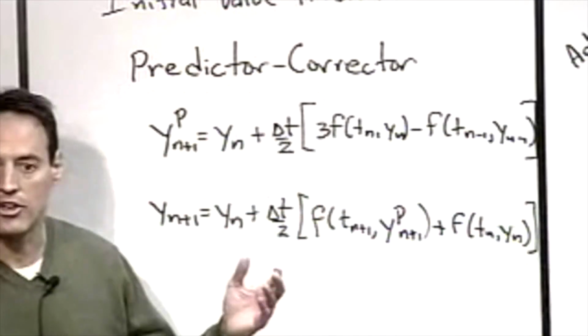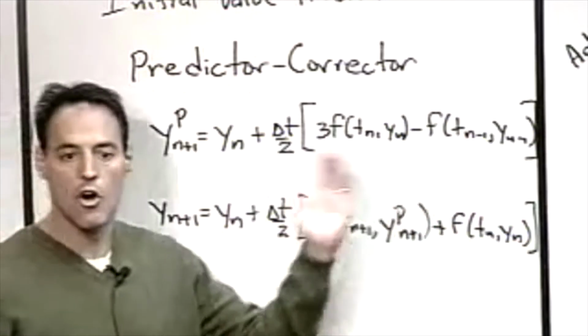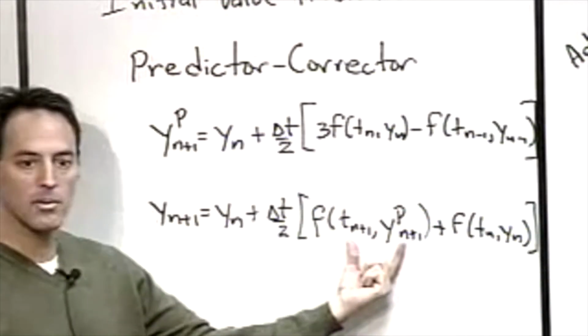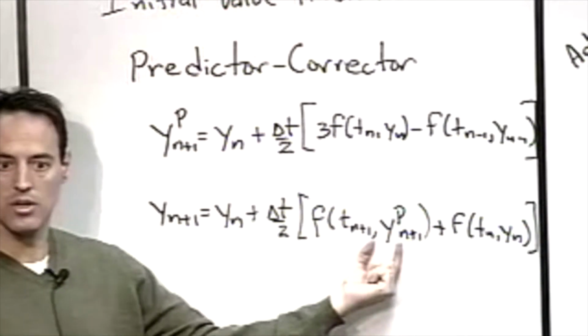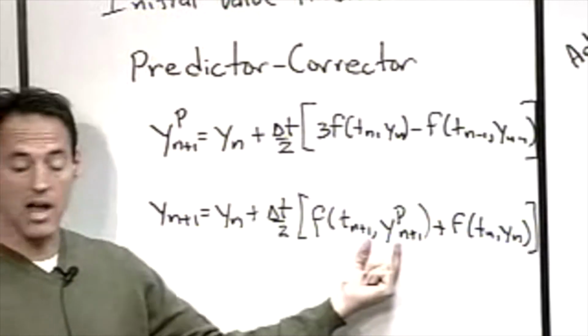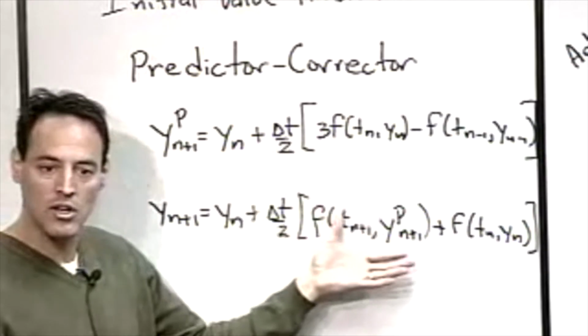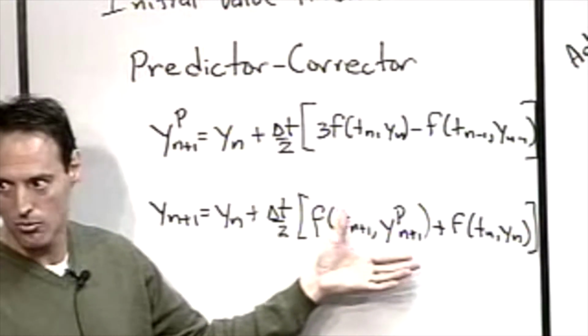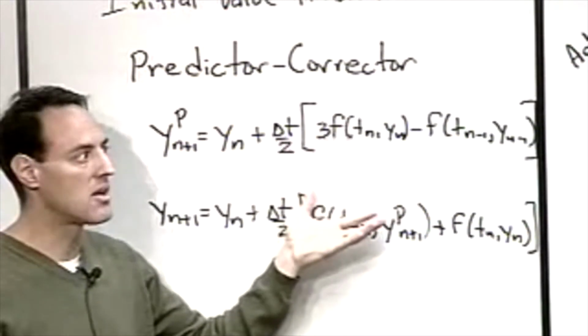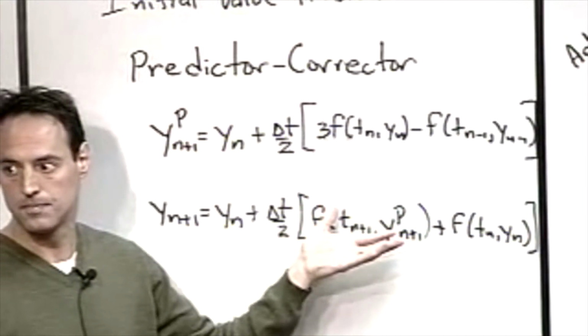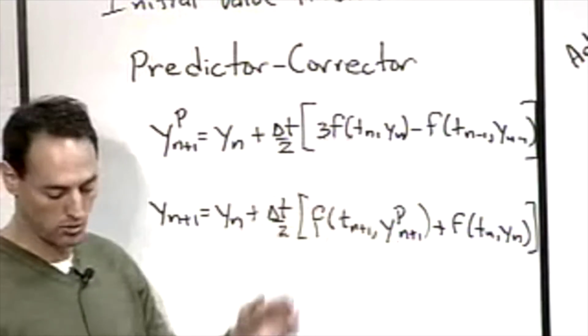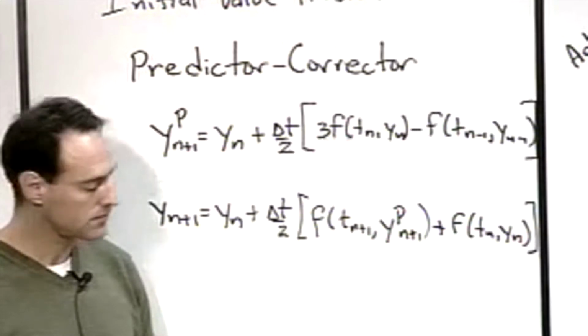So instead of solving a system of equations, I've overcome the problem, because before I had a y of n plus 1 in there, which I did not know. But now I can use the predicted value I got. So I'm kind of using the implicit scheme, but not really. These predictor-corrector methods tend to have very good stability properties. Okay? And that's why you would tend to use them.